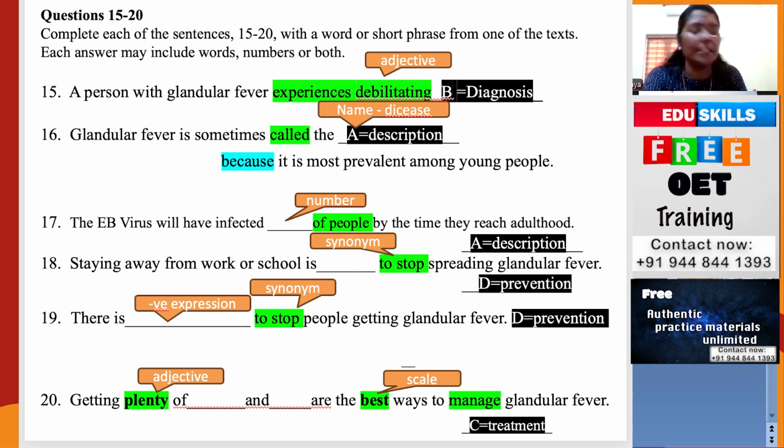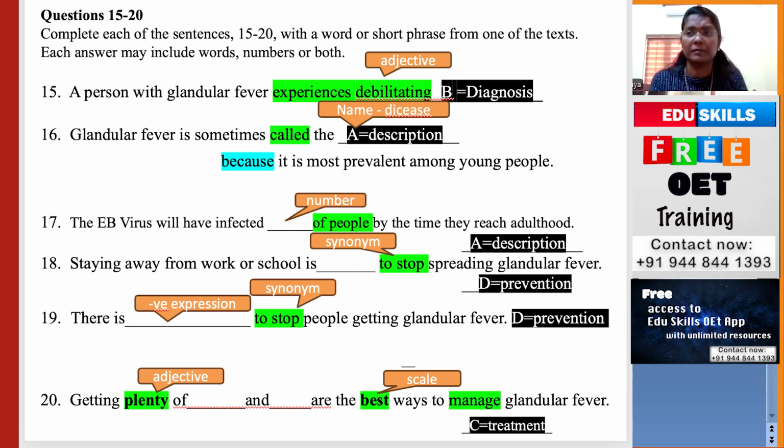Six, the EBV virus description. Where is it in text A? The first line. Okay, it is there. Then the next question, 7, the prevalence of glandular fever. Where is it?